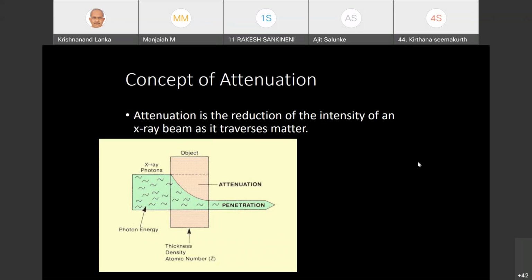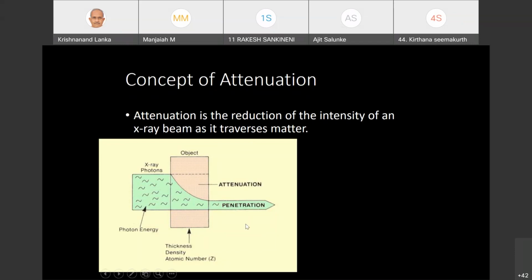So the entire scheme of things revolves around the concept of attenuation. Attenuation is the reduction of the intensity of an X-ray beam as it traverses matter.